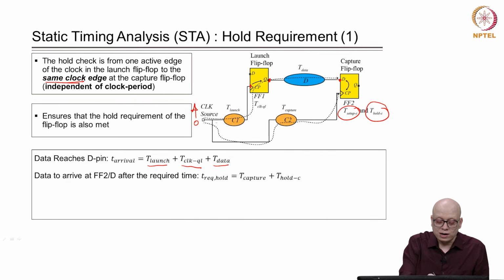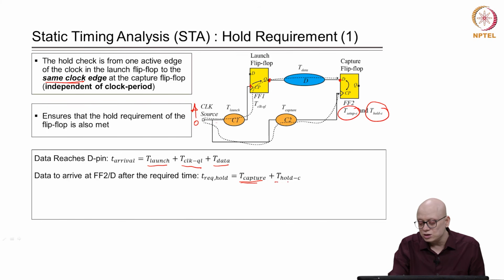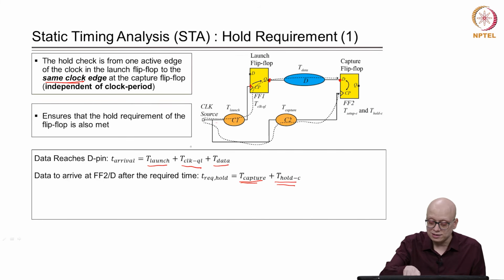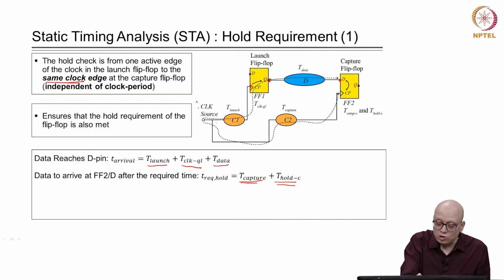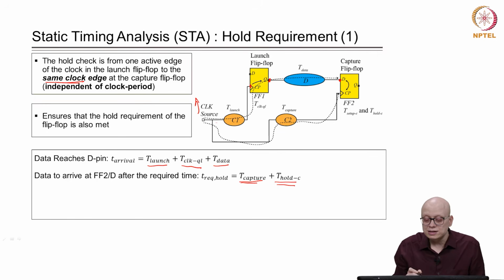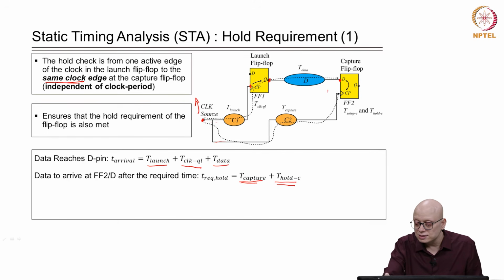Now, data has to arrive at FF2 D after the required time, and that required time is T capture plus T hold. So, let us understand what this required time signifies, right. There was a clock edge that was generated at time 0 at this clock source. That same clock edge will reach this point after a delay of T capture.